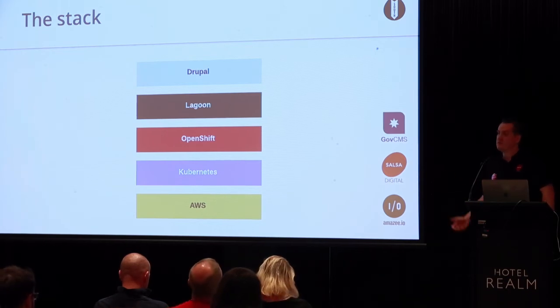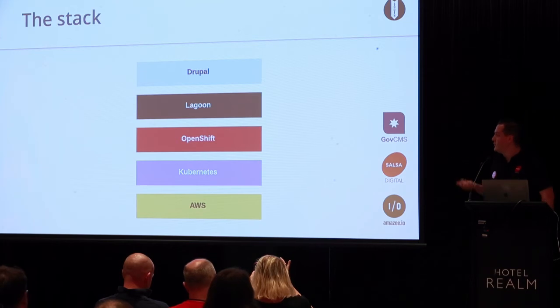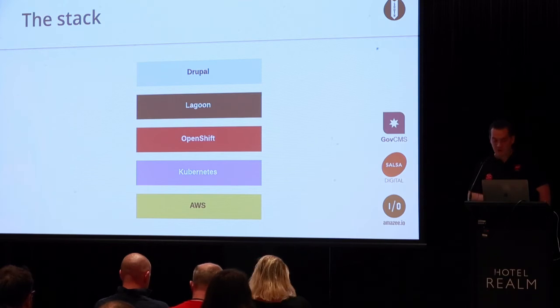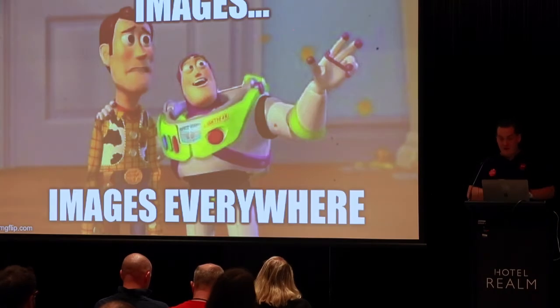Where does it run? Yeah, it runs on AWS. Yeah, that's basically the stack. Plus, yeah, it gets more complicated when it's a matter of running 100 sites or 1,000 sites. Kubernetes handles that pretty good. I'm not going to cover Kubernetes this time, but yeah, that's it.